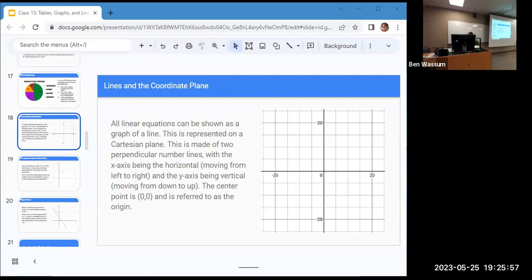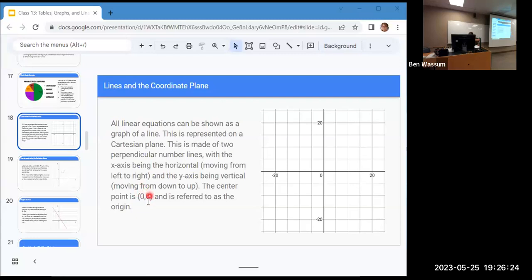And then the vertical is the y-axis. So the center point is called the origin point because it's dead center. So that's the point 0, 0.